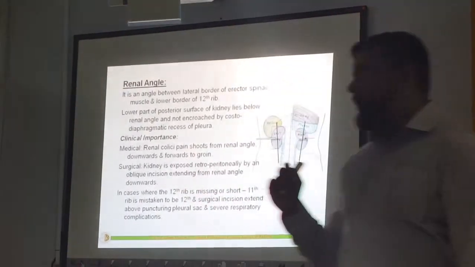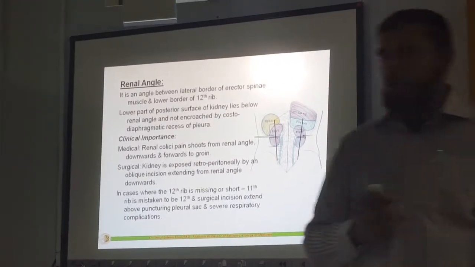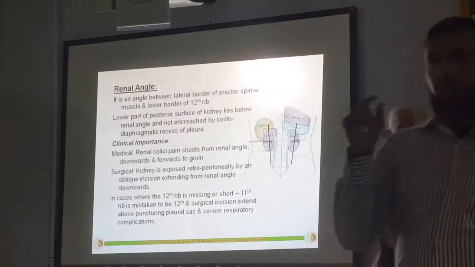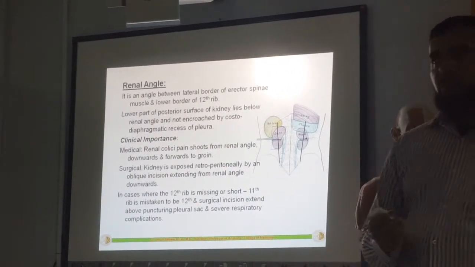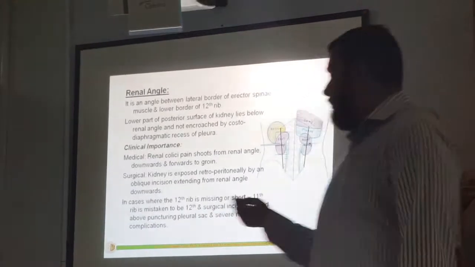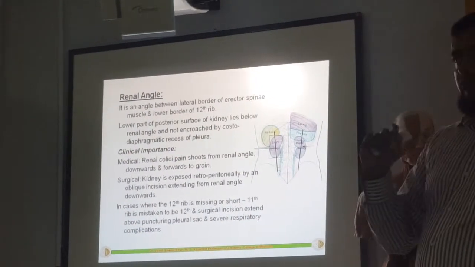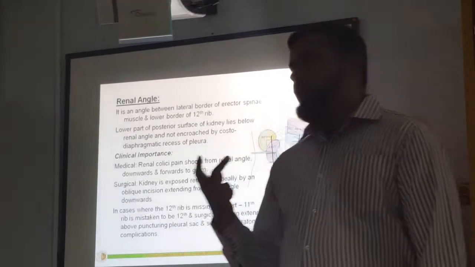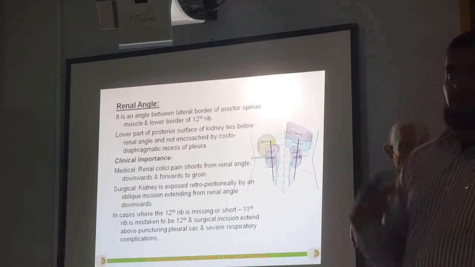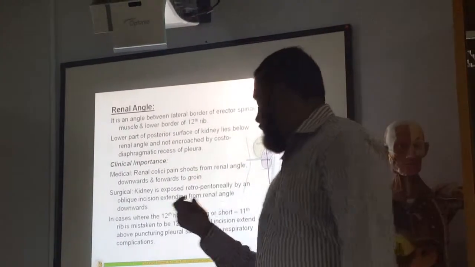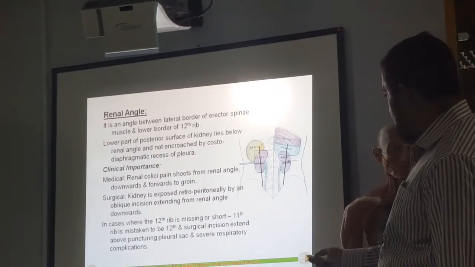Sometimes the 12th rib is absent or very short and you cannot make it out, and you might puncture the costodiaphragmatic recess, open the pleura, the pressure becomes positive, there is difficulty in respiration and the patient dies. So surgically it is very important.